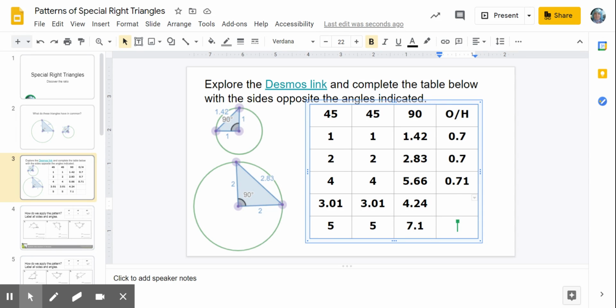What's my next question going to be? There's a pattern here. The small side is 0.7 of the hypotenuse.